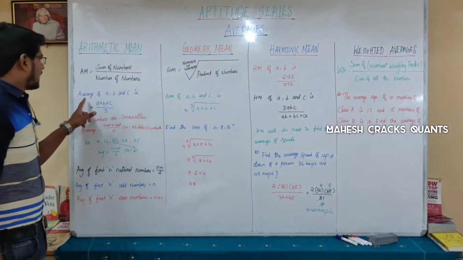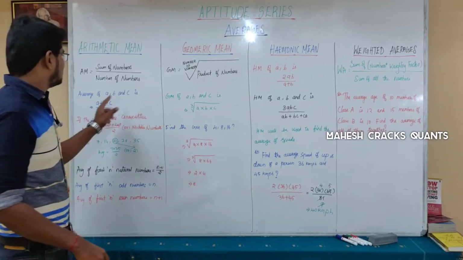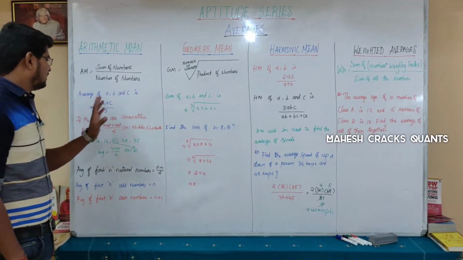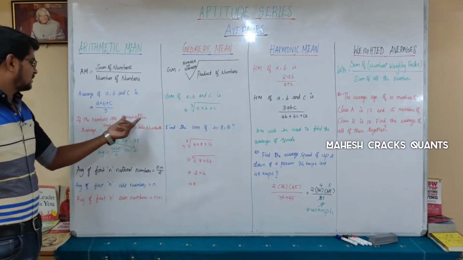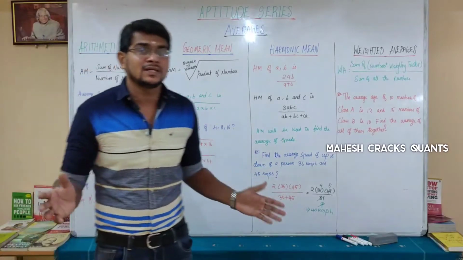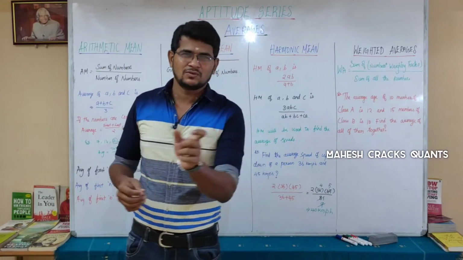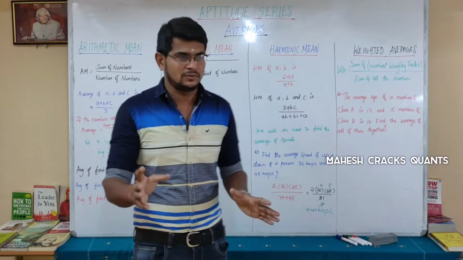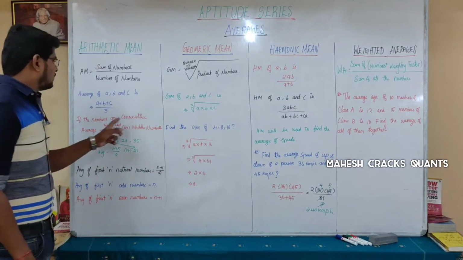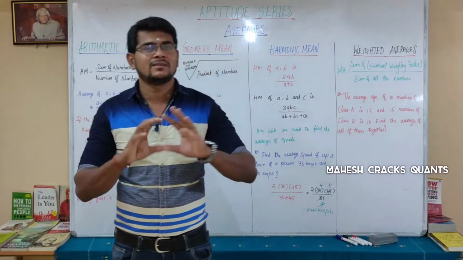Example, the average of A, B, C, if you take 3 variables, is A plus B plus C divided by 3. That's it. Now, when the numbers are in consecutive order, what are consecutive numbers? Examples that you know: 1, 2, 3, 4, 5, this is consecutive. 2, 4, 6, 8, 10, that's consecutive. If numbers are consecutive, then the average is the first number plus the last number divided by 2.